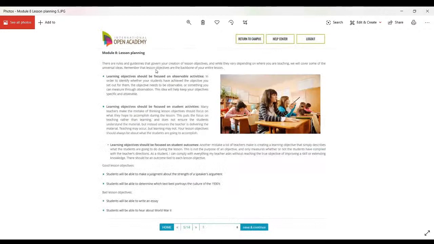There are rules and guidelines that govern your creation of lesson objectives, and while they vary depending on where you are teaching, we will cover some of the universal ideas. Remember that lesson objectives are the backbone of your entire lesson. Okay, and we should always remember na dapat based din ito dun sa standard kung saan tayo nagtuturo.